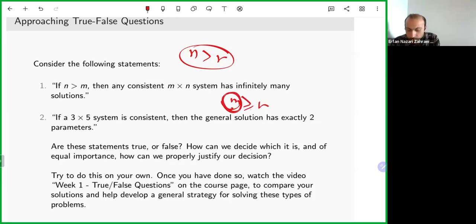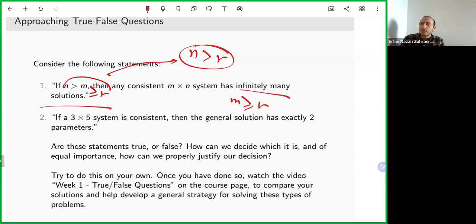Number of rows is more than or equal to number of non-zero rows in RREF. So then having this, if I add this at the end of this inequality, I see that, oh, actually this also implies that n is more than r. And that's what that theorem needs to conclude infinitely many solutions.